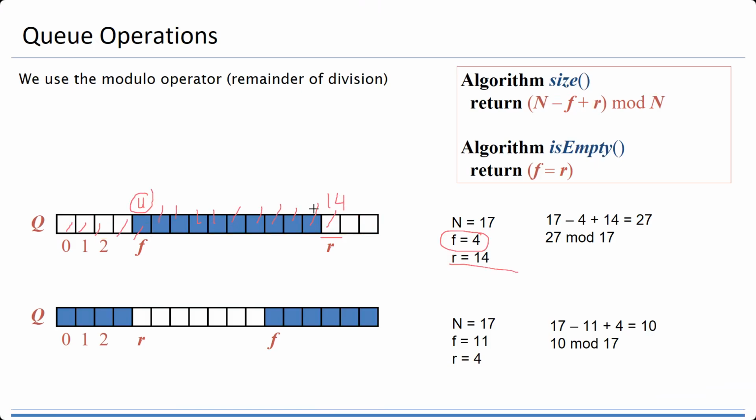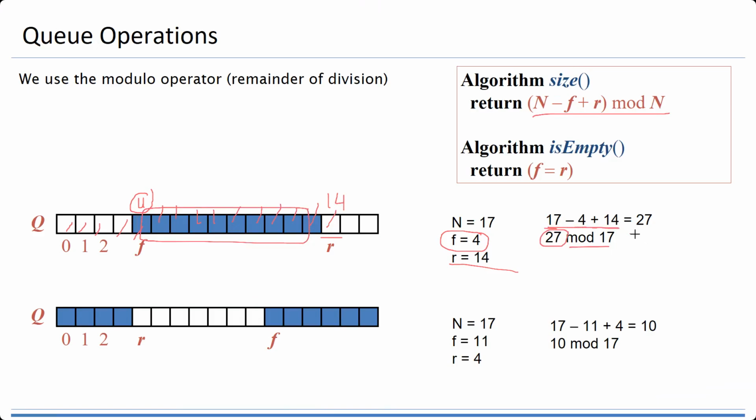In order to know how many people or how many items are in the queue, I can use this formula: 17 minus 4 plus 14, it is 27. 27 mod 17.